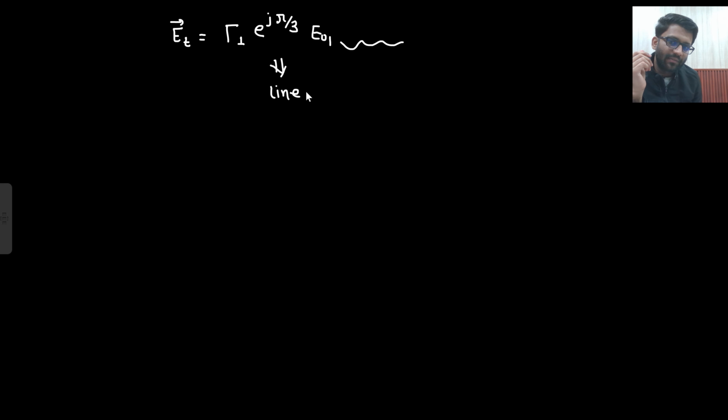So it will have that component which is your gamma perpendicular. It can have some phase as well, I don't care. Then it was having a phase of e to the power j pi by 3. That phase is also there, and E naught 1. So if only one component is there, that means certainly it is linearly polarized.